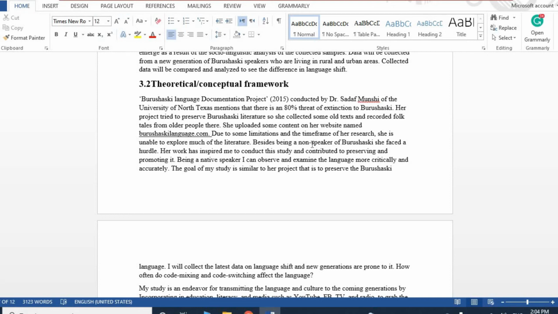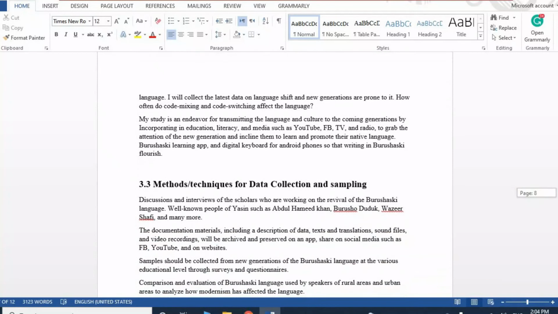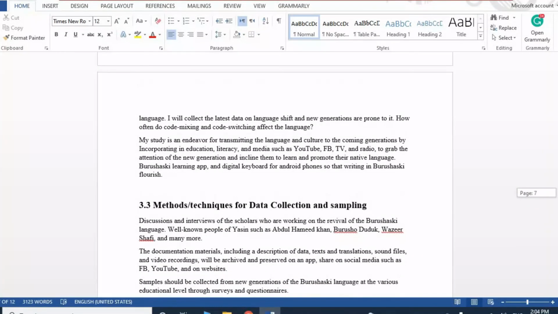So my study will add to her work, right, and take it further to its finalization, to its goal.